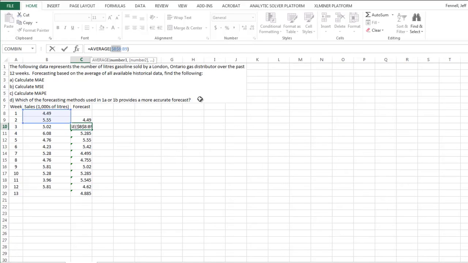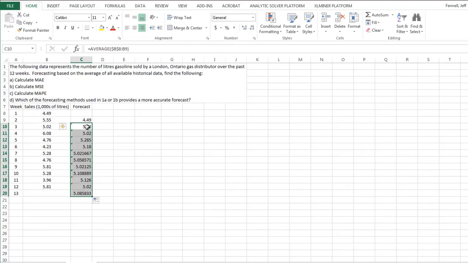We do want the second cell reference to move, however, because when I get down to period 4, I want that to be periods 1, 2, and 3. So if we look at what happened by simply absolute referencing that first cell, in period 3 it still did the appropriate first two periods.